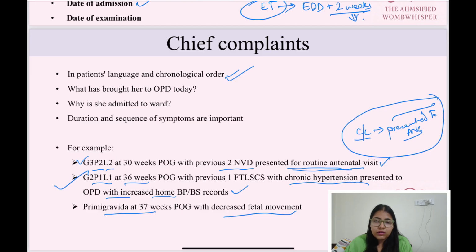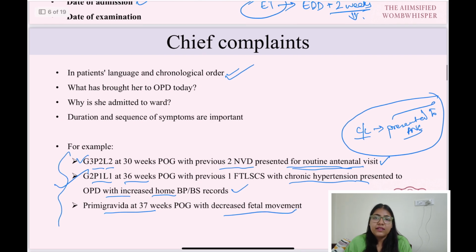Presenting the other way is not wrong, but it's better if you present like this. It will emphasize your findings, and the examiner will know what the patient's risk factors are and why she has presented. When you say chronic hypertension with home blood pressure records, then the examiner will know the patient was being monitored and she has come and there is something wrong with her BP, so she is being admitted.